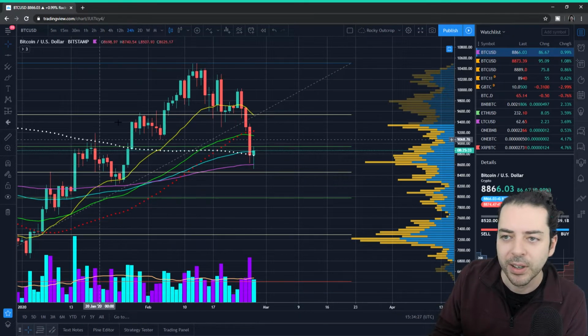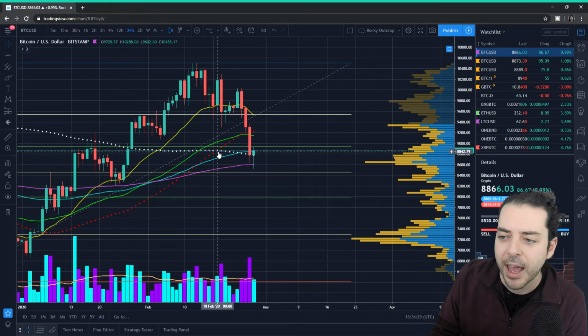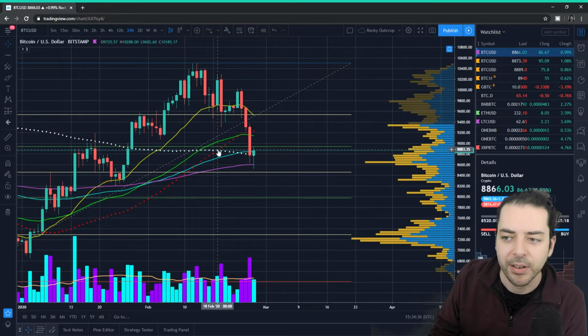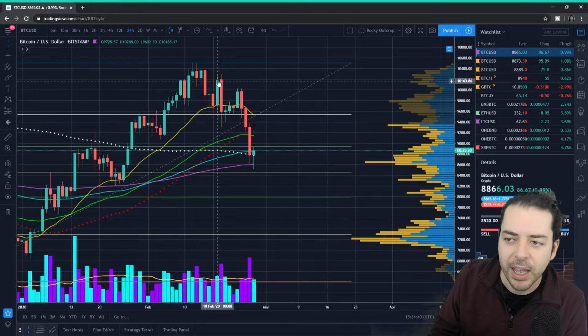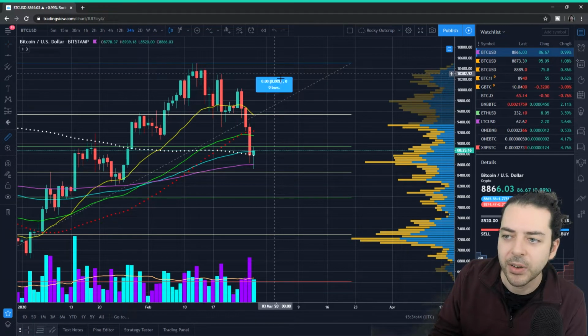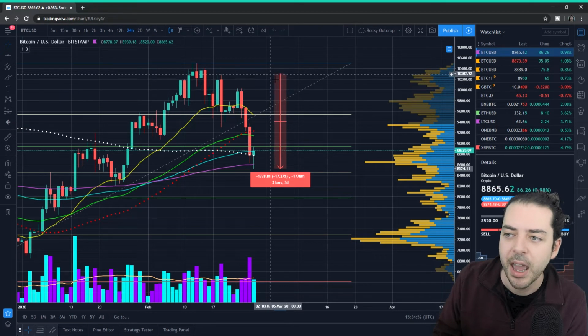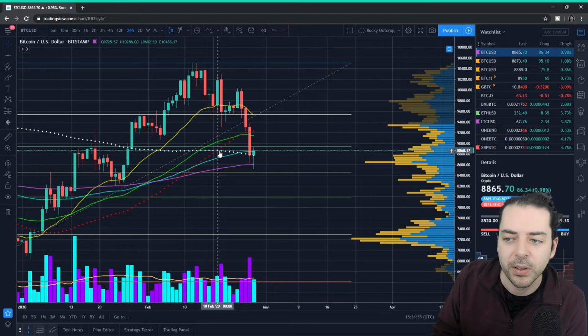If we go over here to what we're calling the spot prices, you can see that the 50 simple actually crossed over the 200 simple back here around the 18th of February or so. Since then, we've seen a drawdown in prices of currently 17.5% or so, 17.27%, since this golden cross happened.